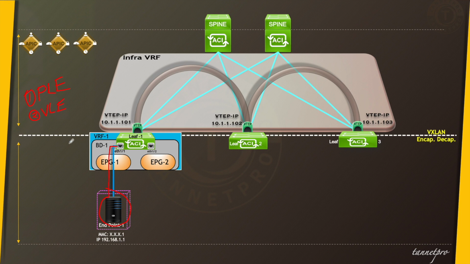So we understood two types of endpoints. Now part 3 is a little bigger because the endpoint topic is also bigger. Type 3 endpoints are the remote endpoints. So what is a remote endpoint? Any endpoint connected to a different leaf switch will be treated as a remote endpoint.